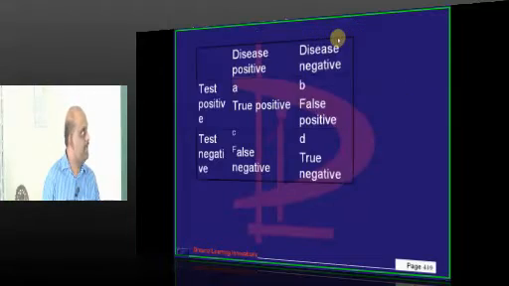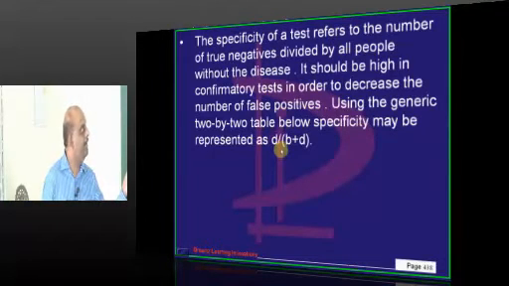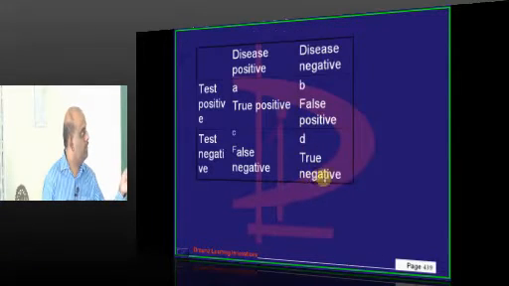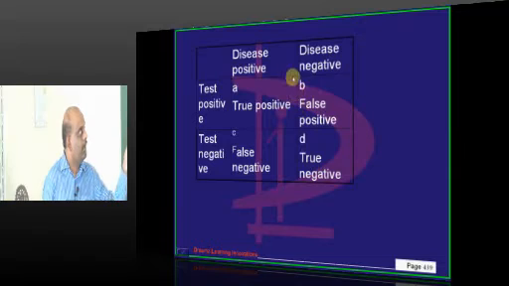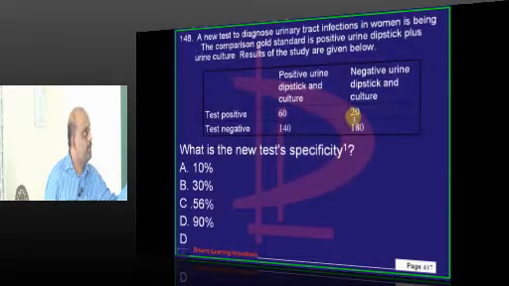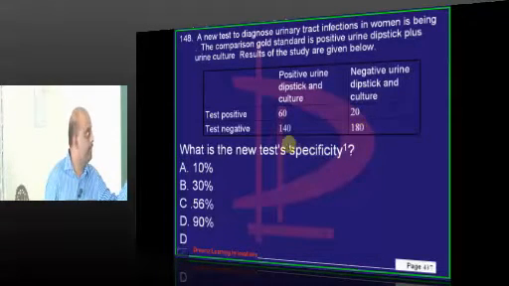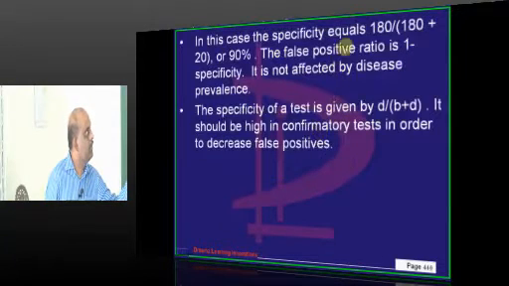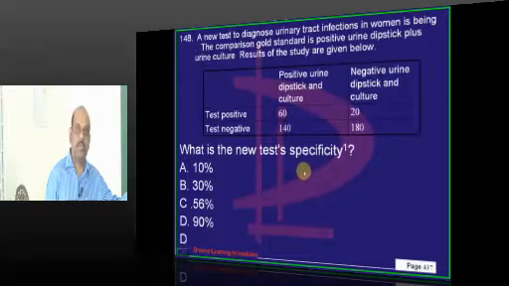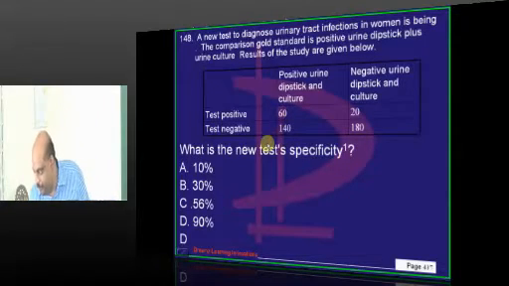In this case, it is D by B plus D. So D is true negatives divided by all negatives, which include false positives and true negatives. So in this given case, 20 plus 180 is 200, and 180 divided by 200 will give you 90%, which is basically the calculation of what is called specificity, is what need to be remembered.